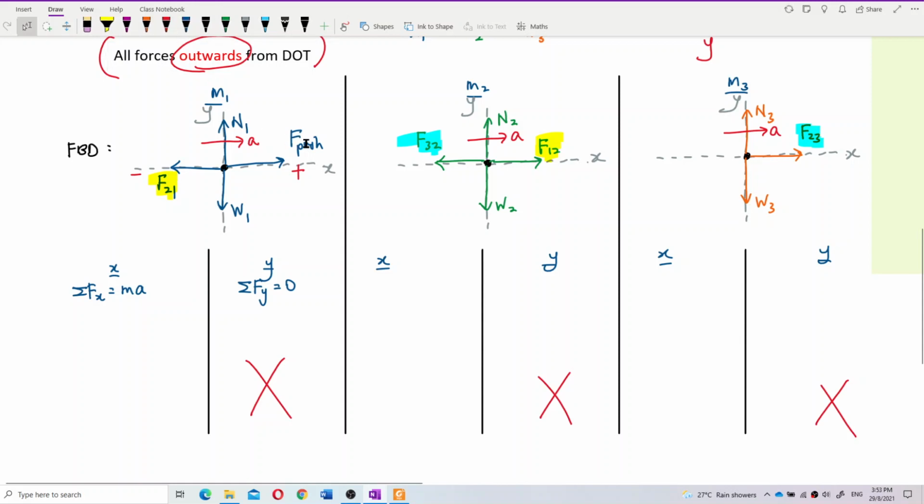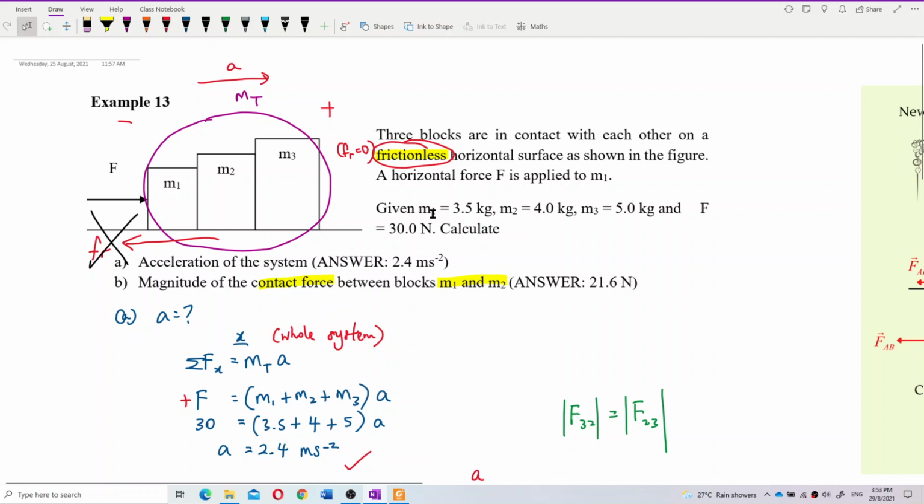The pushing force is positive, but F21 is negative. And this is mass 1.